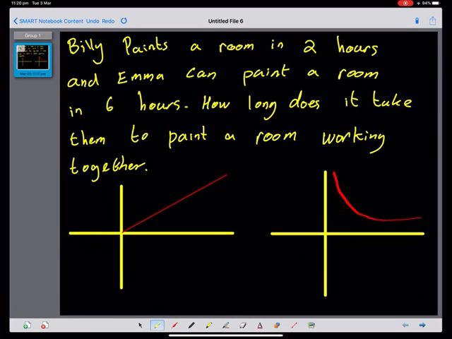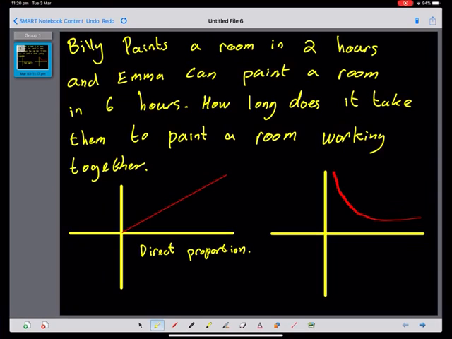We need to understand something about direct and inverse proportion. Okay, so in direct proportion, two variables increase together.